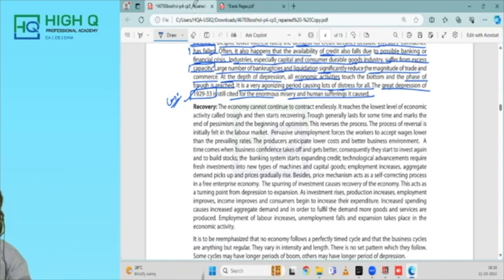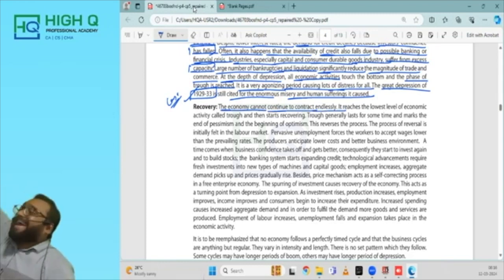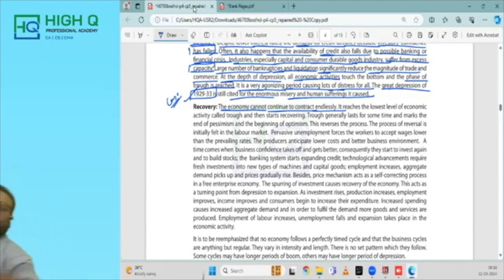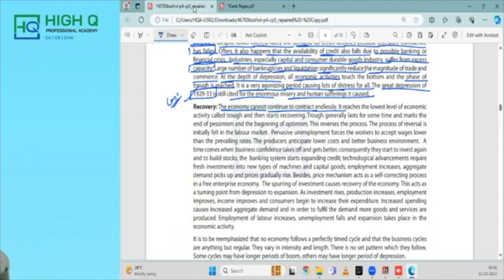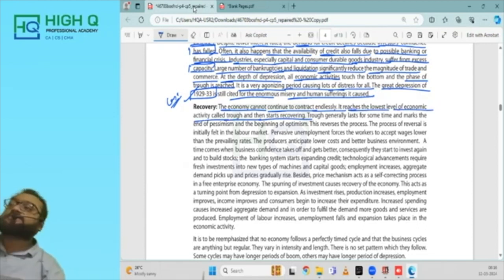How does the recovery work? The economy cannot continue to contract endlessly. Yes or no? When you are at the lowest, you won't be lowest throughout. From the lowest, now you will move towards recovery. Say yes or no? It reaches the lowest level of economic activity called trough and then starts recovering.